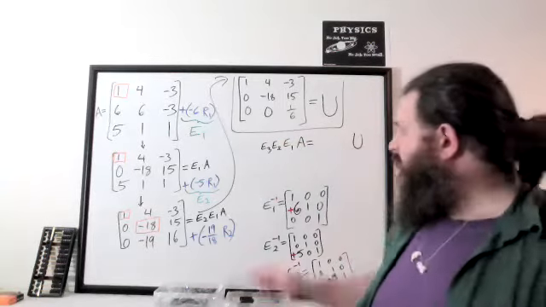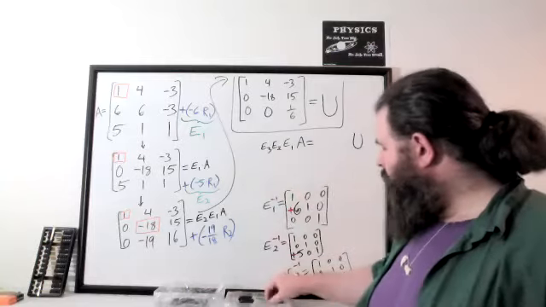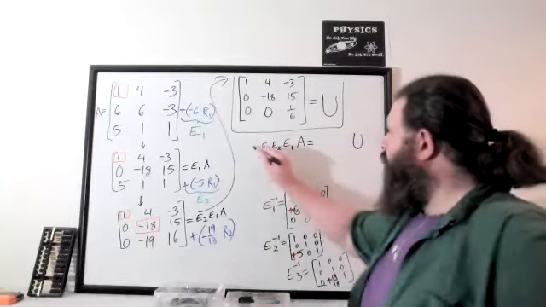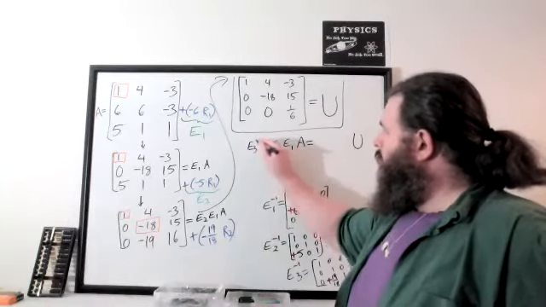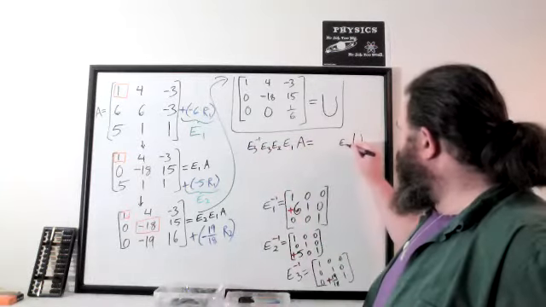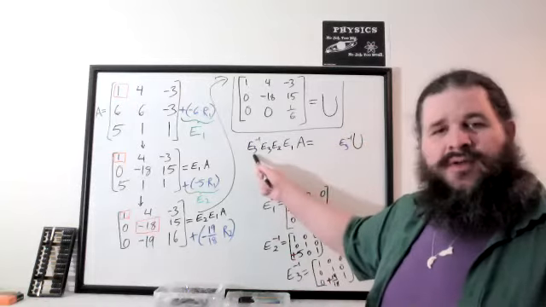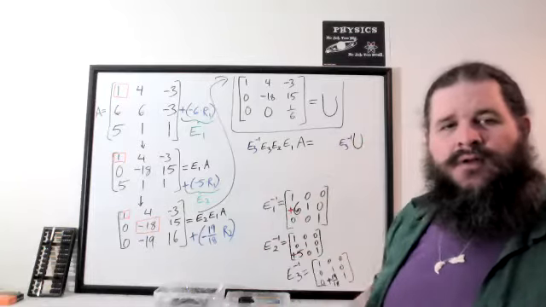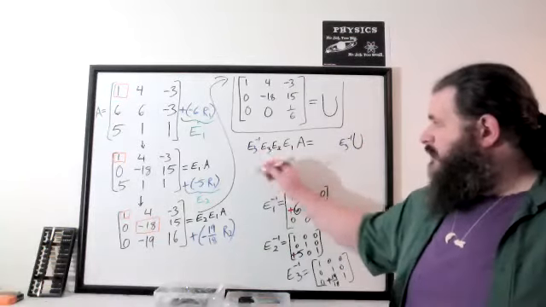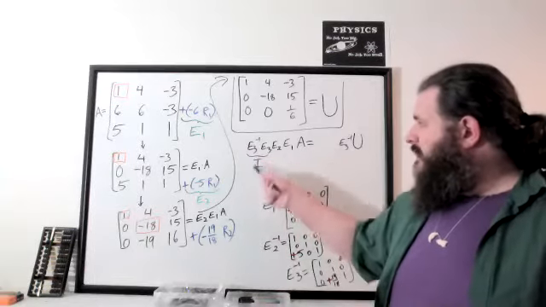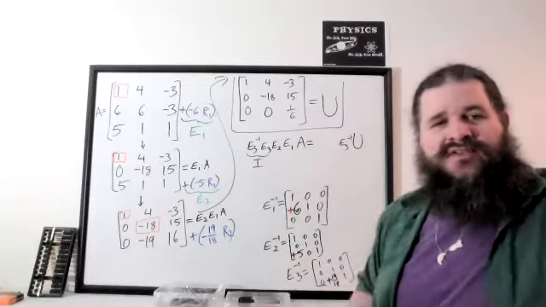The first thing we want to get rid of is this E3, and we can do that by left multiplying both sides by E3 inverse. That way, since E3 inverse and E3 are adjacent to each other, we can cancel those out. Formally, we'd say E3 inverse times E3 is the identity matrix, but the identity matrix times anything is just itself.